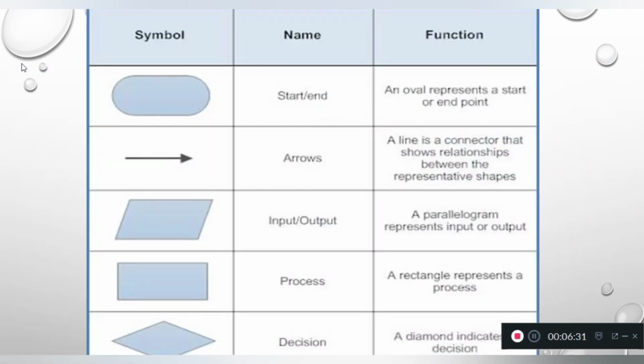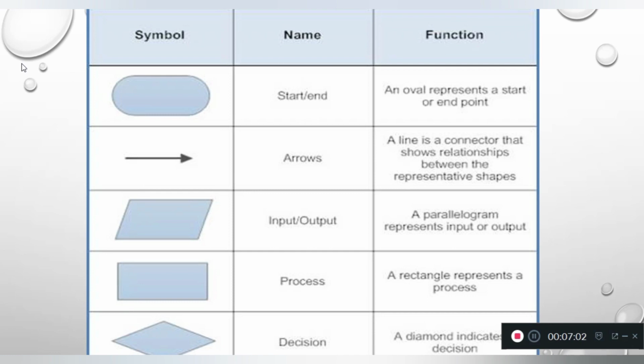Now there are basic shapes or symbols used in a flowchart. The first one is known as start or end. The function of this start or end symbol is an oval represents the start or end point.